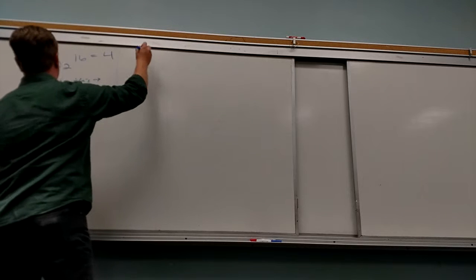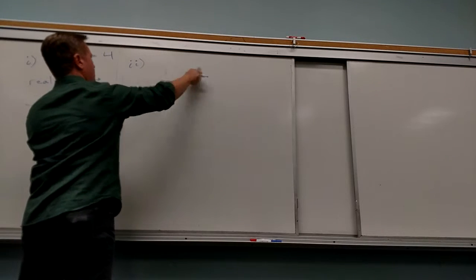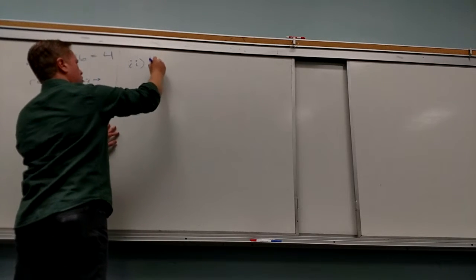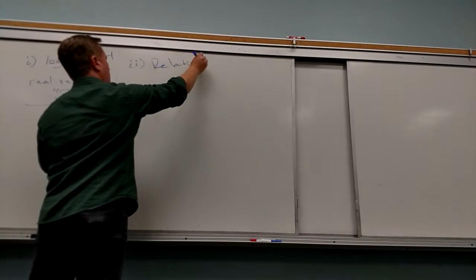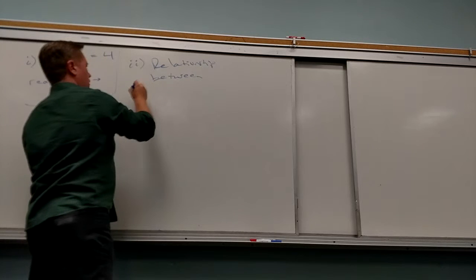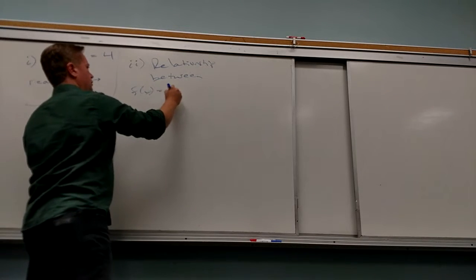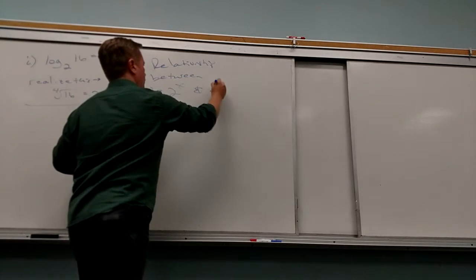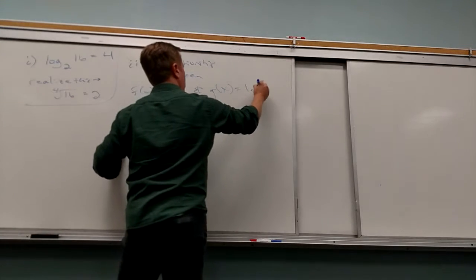So, let me ask you this question then. What is the relationship between f of x equals 2 to the x and g of x equals log base 2 of x?